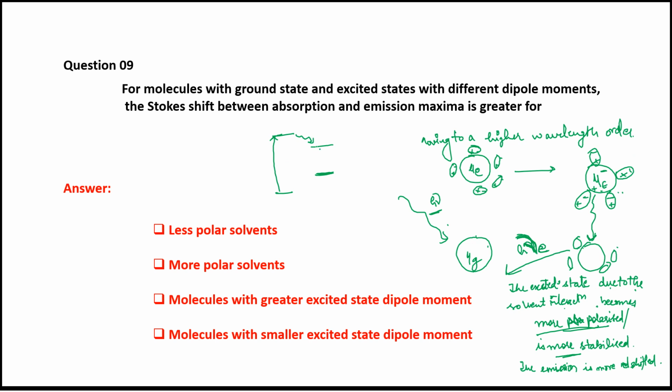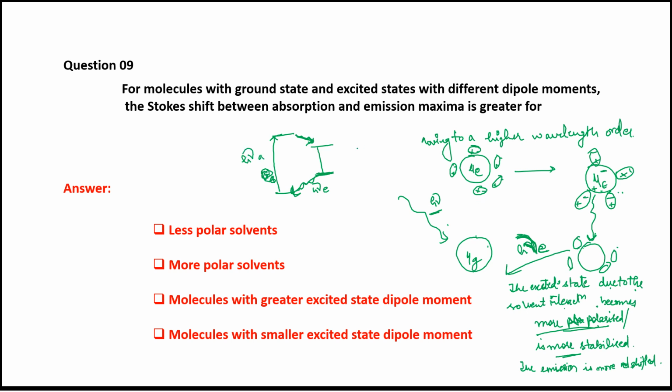Now, because of this effect of the solvent, what happens? This is also non-radiative, only this state is the radiative one. So this is one with h nu e frequency, and this is h nu a, for the absorption.